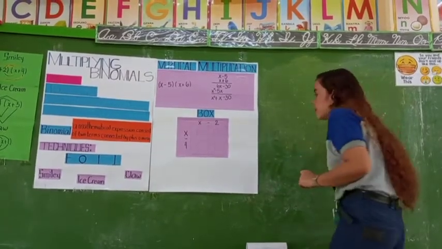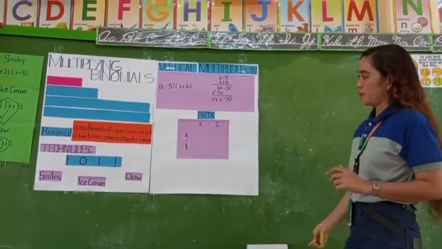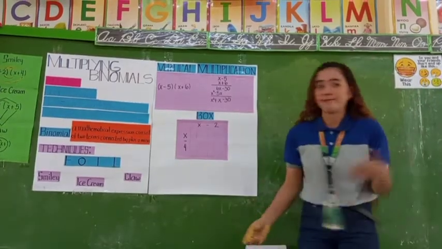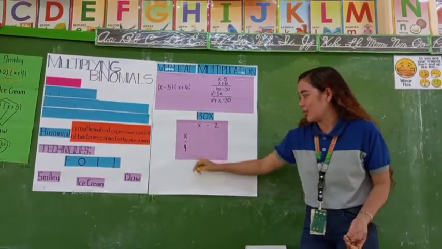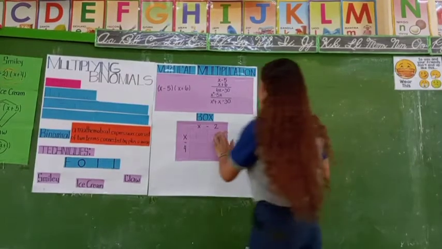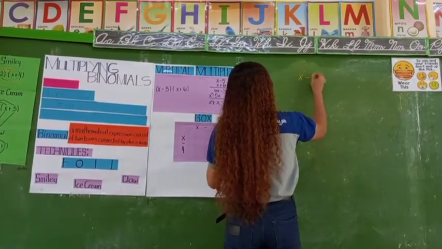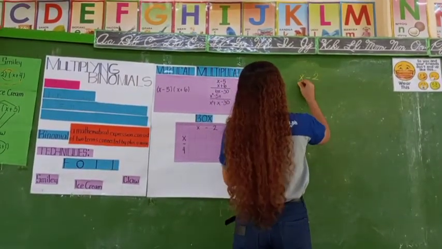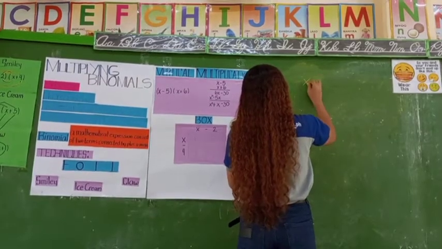We have the box method. So yung box natin, obviously, box talaga siya. Literal na box. So x minus 2, and then I'm just going to make it larger.